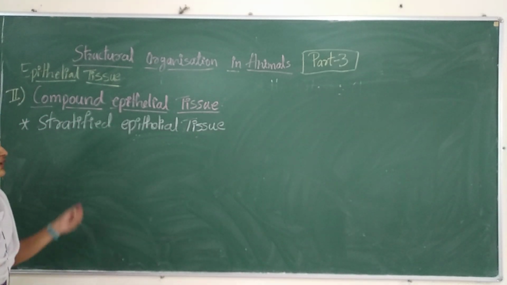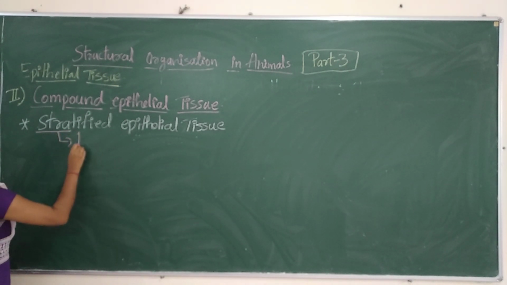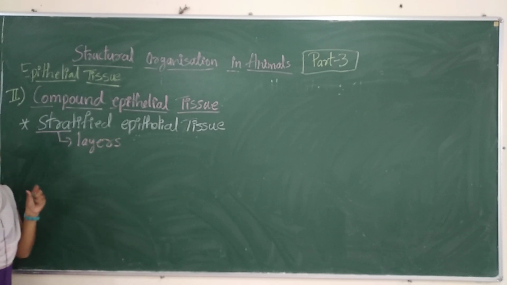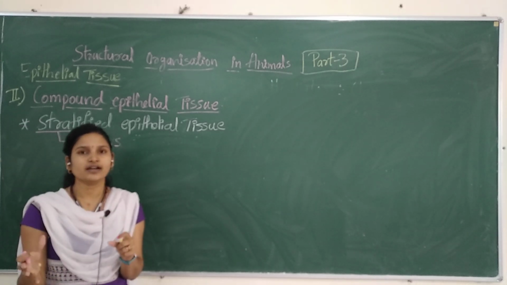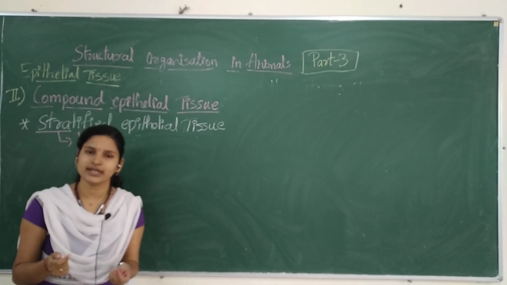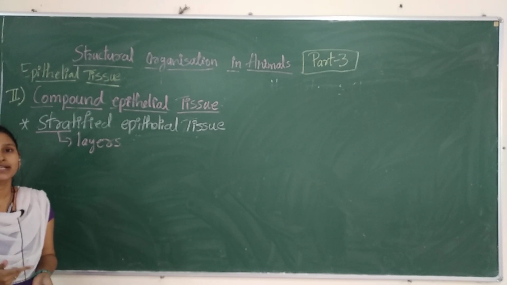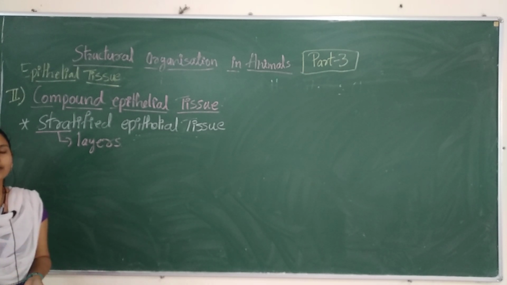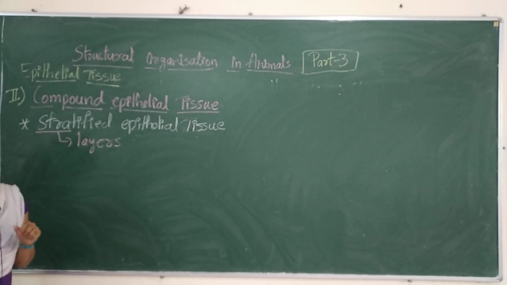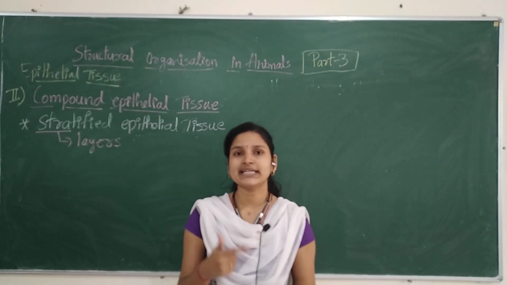So stratified epithelial tissue, what do you mean by this? Strata means layers. Remember the term strata, wherever strata comes, like in the soil, there will be many layers. When we take a cross section of soil, there will be presence of multiple layers, so we use this term strata there also. For time being, understand the compound epithelial tissue is nothing but the multi-layered tissue.